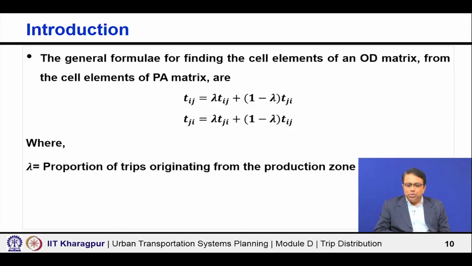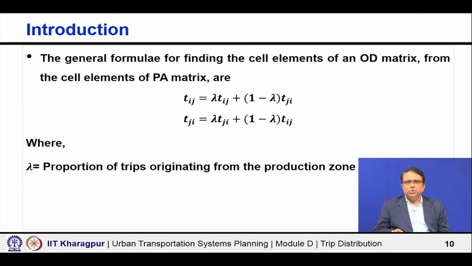Lambda may be the proportion of trips which is actually originating in zone i and traveling to zone j, plus when you take the Tji in the production attraction matrix, then the same lambda proportion is happening from j to i, right.